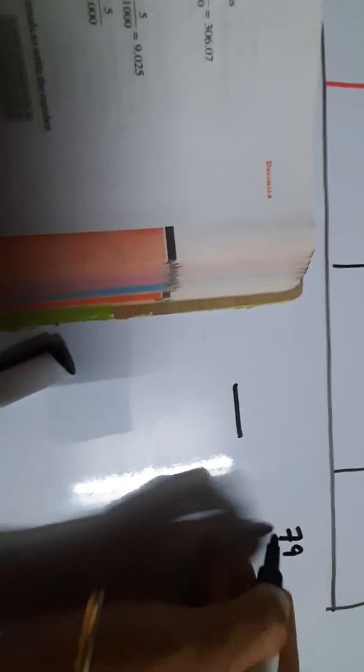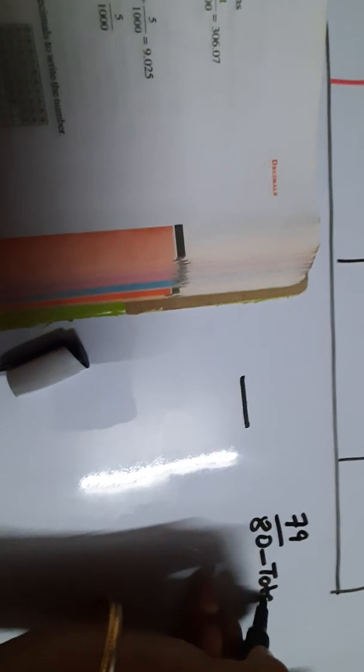Dear students, as a single big square box contains 100 small squares, as you all know, the total is always written in the denominator. Like when you get marks in your exam, 79 out of 80 means total marks, where do we always write them? In the denominator, and the marks obtained are written in the numerator.